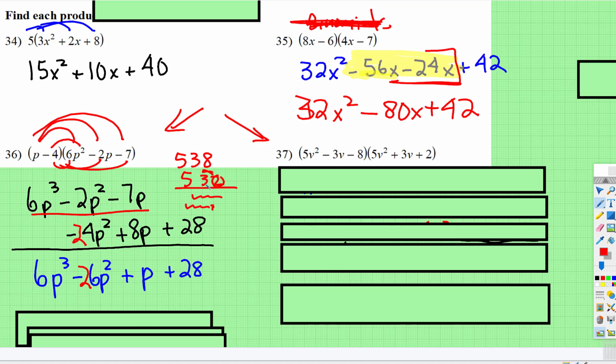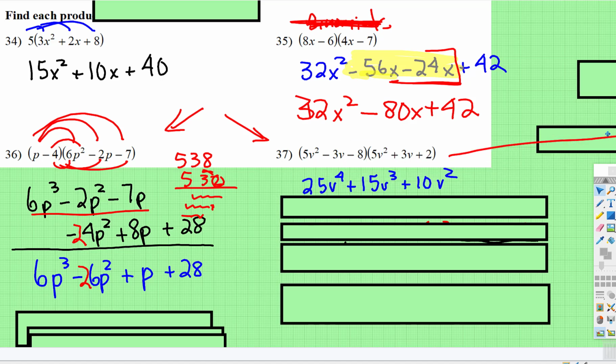And then you'd have this times all of that. Well, that's what I'm going to do here. Treat it like it's a 3 place value number times a 3 place value number. So you're going to multiply those things, and this is the result.